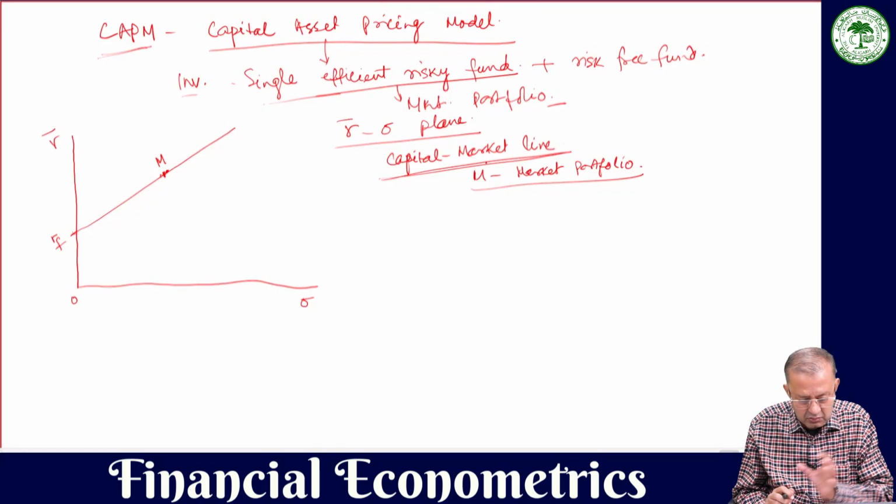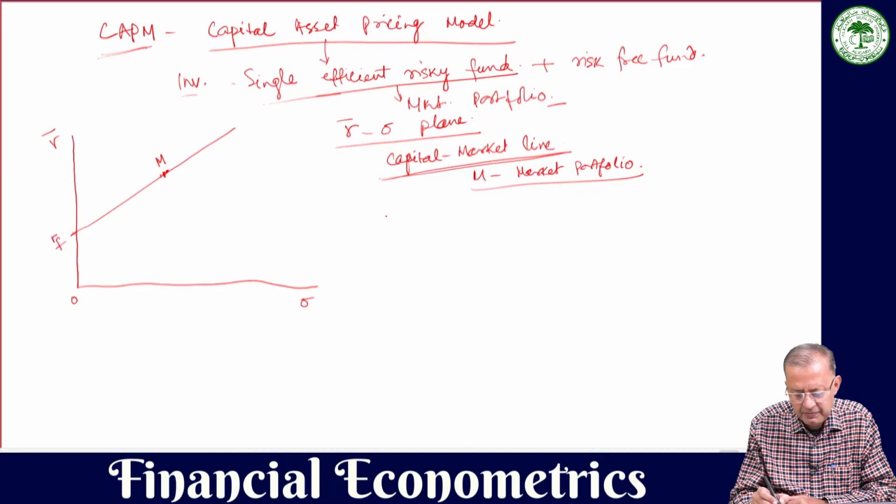Now what is this capital market line? This shows the positive relationship between R bar and sigma. As the risk increases, what does it show?